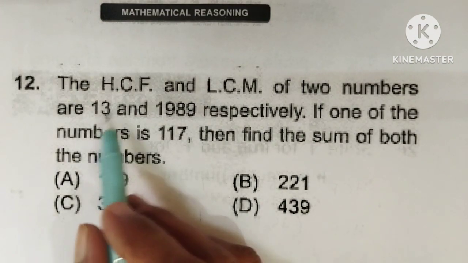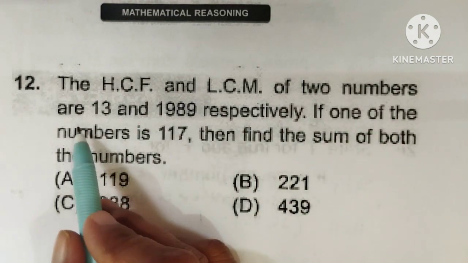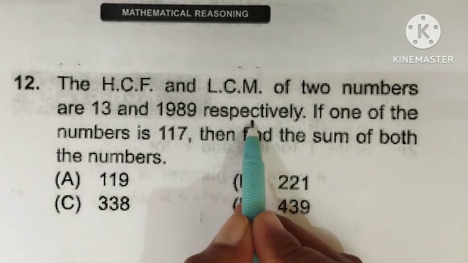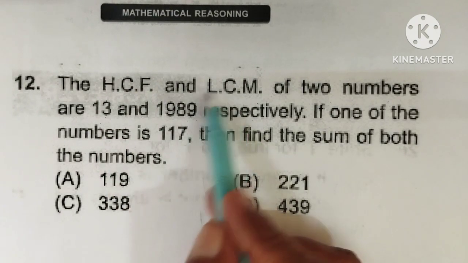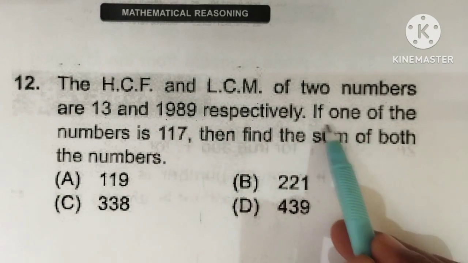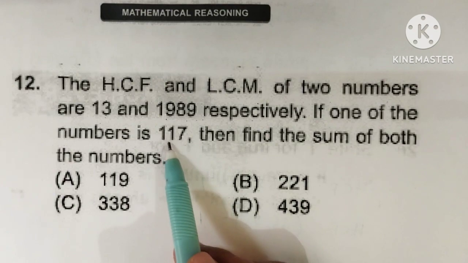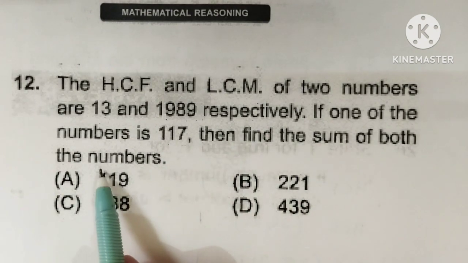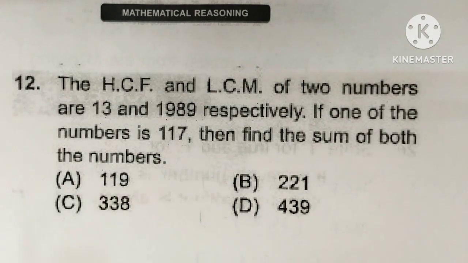12th question, the HCF and LCM of two numbers are 13 and 1989 respectively. Here HCF is given as 13 and LCM is 1989. If one of the numbers is given as 117, then find the sum of both numbers.